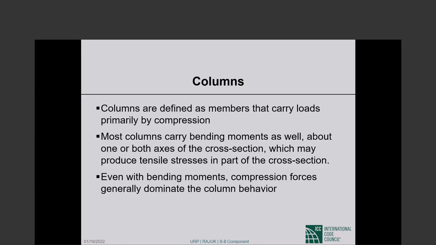There are actually hardly any columns that are not also subject to bending moments. And when theoretically there is no bending moment, we still consider a minimum eccentricity of the applied axial load, which will give us a minimum bending moment that we design for anyway.